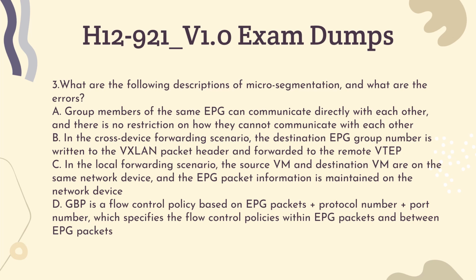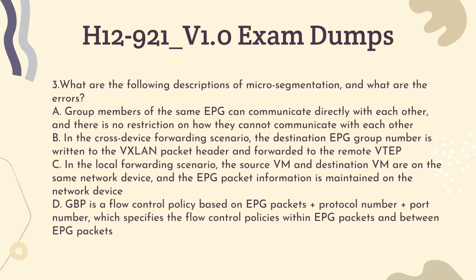3. Which of the following descriptions of microsegmentation is wrong? A. Group members of the same EPG can communicate directly with each other, and there is no restriction on how they cannot communicate with each other. B. In the cross-device forwarding scenario, the destination EPG group number is written to the VXLAN packet header and forwarded to the remote VTEP.